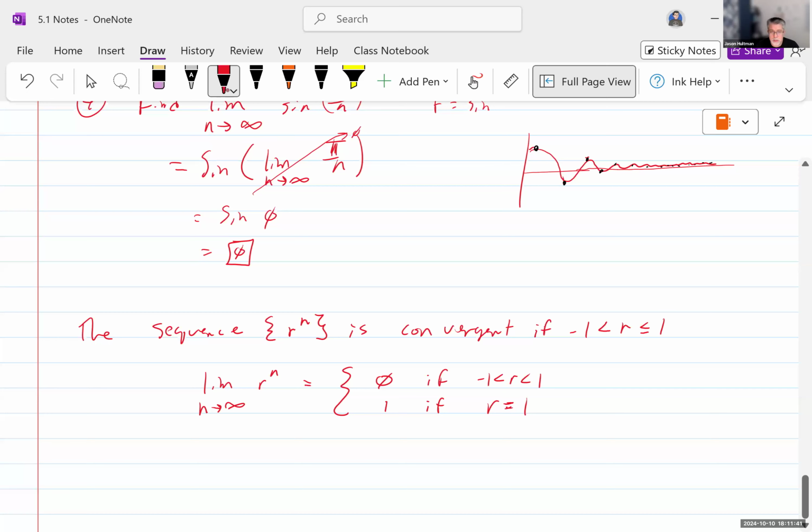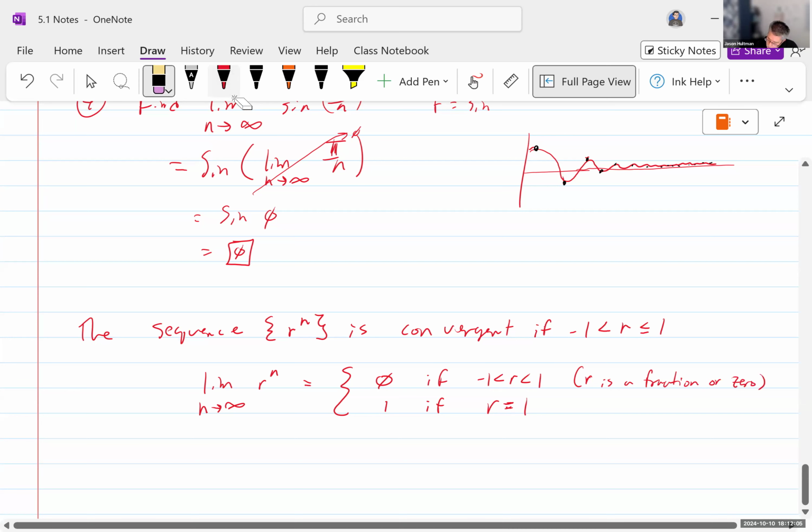If r is equal to 1, then the limit is 1. But if it's a fraction, or 0, then the limit goes to 0.